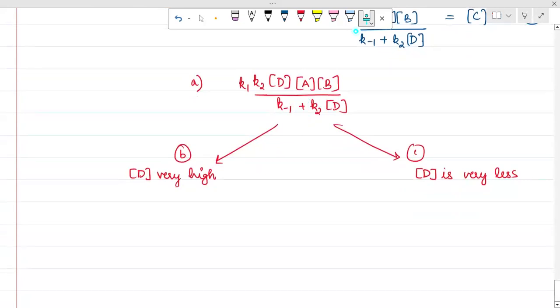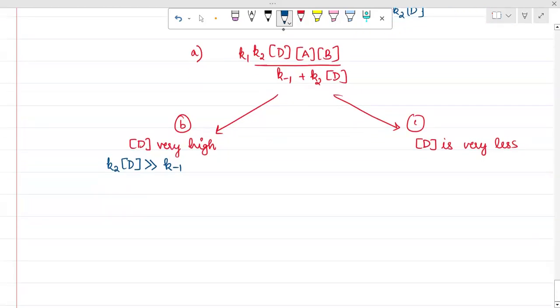So they have given two conditions. First condition is when D is very high. When such conditions are given, you always look at the denominators only. If D is very high, K2 into D will be very high compared to K minus 1, because D is high and the product of K2 and D also will be high.